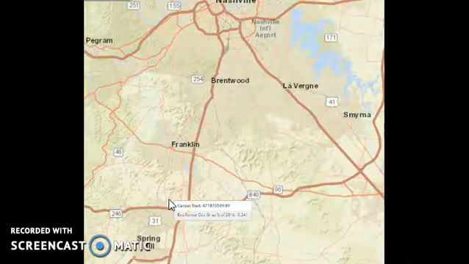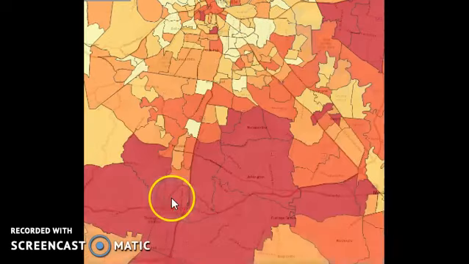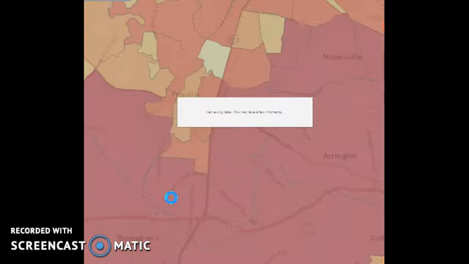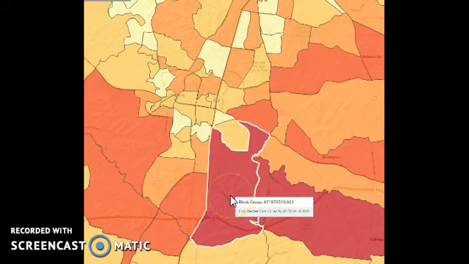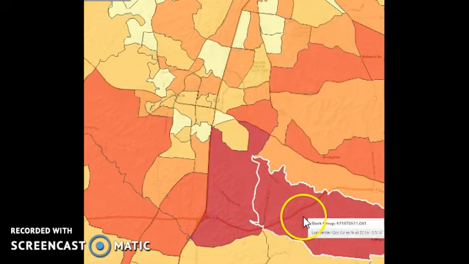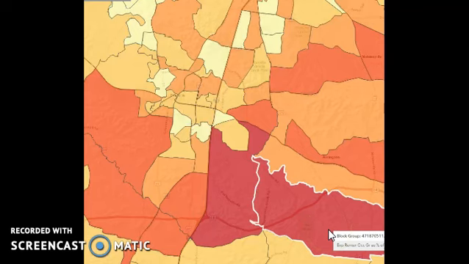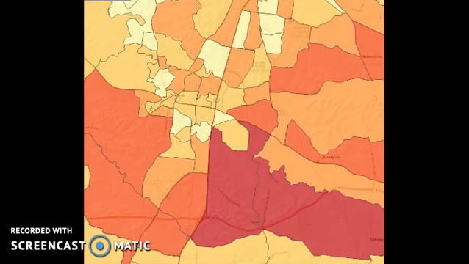Let me zoom in and see what happens when we go down. Now we are down at the block group level, zooming in on one of those areas. You can zoom right in here and pinpoint exactly where the growth is and where it would be a great idea to look for opportunities.